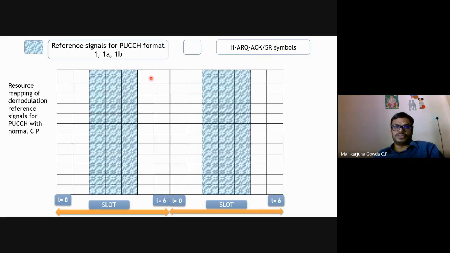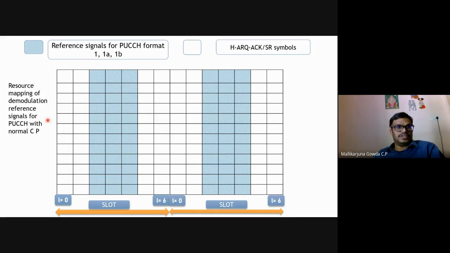This empty block shows the resources, right? This is 2, 3, 4 for format 1, 1A, 1B. So L equal to 0 to 6 is one resource block. In that, it will be occupying what? 2, 3, and 4. Similarly, in the next PRB, it occupies 2, 3, 4.